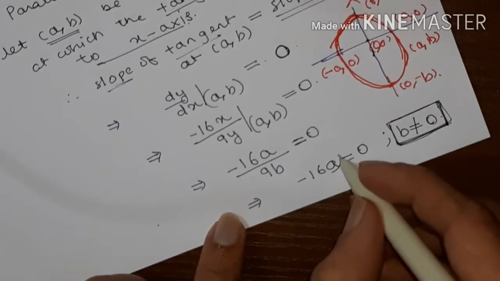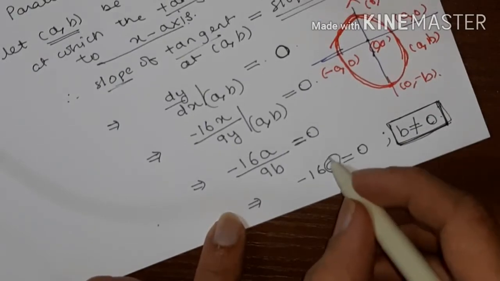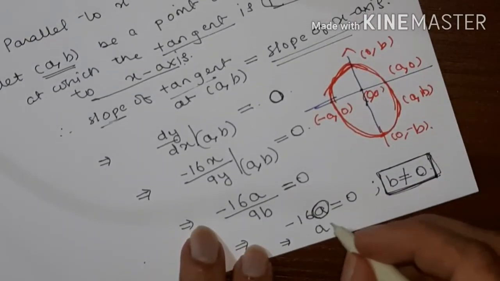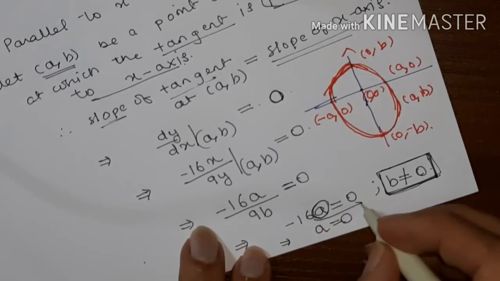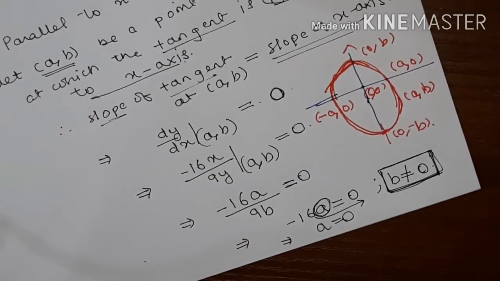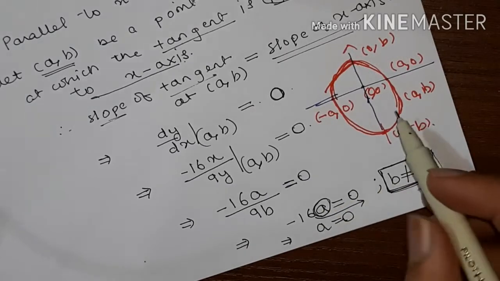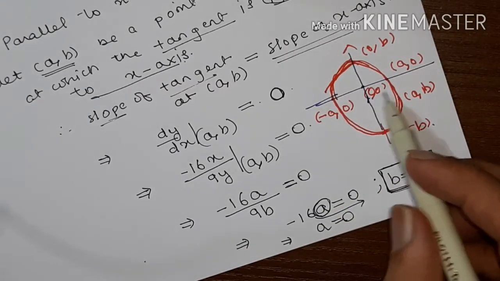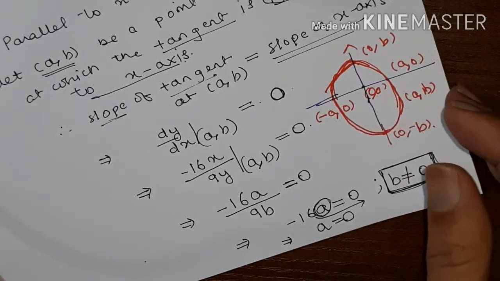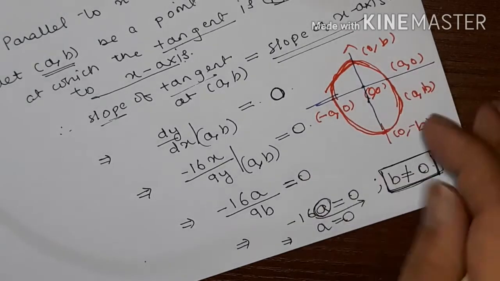So from here also you get a is equal to 0 if you take minus 16 on this side. Why? This is because a and b cannot be 0 at the same time. 0 and 0 you cannot have, because that point is the origin, which is not present on the curve. So you get a equal to 0.